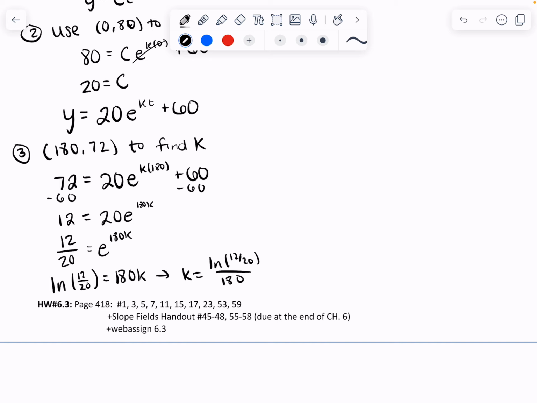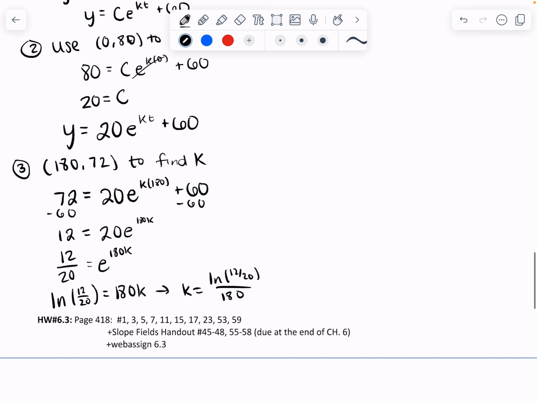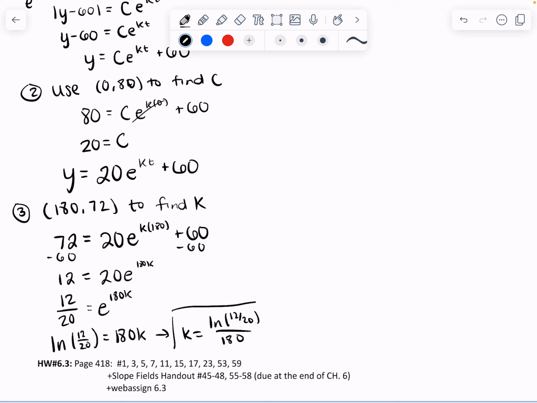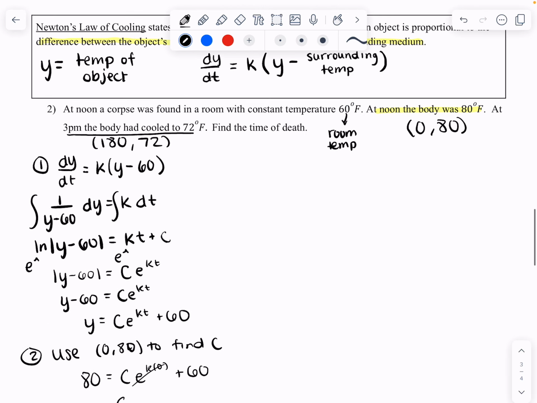Okay, now you're not going to start writing that as a rounded decimal. You're either going to write it exact, or you could type it in your calculator, store it, but do not round and use your rounded answer later. You will overround. Okay, so that's my k. Since I've clearly defined my k, I could box it, and now when I go to my next step, I could say y equals 20 e to the 12 over 20 over 180.